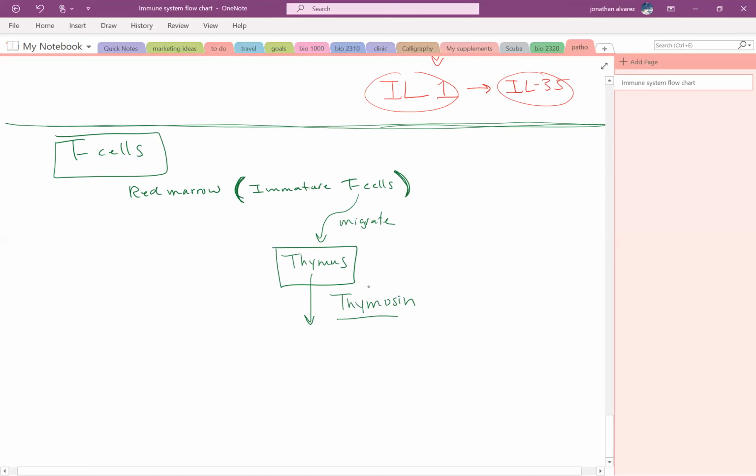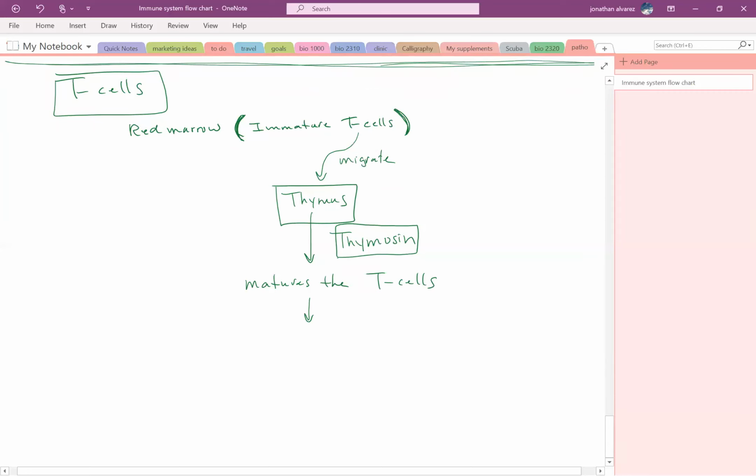Yes, thymosin. This matures the T cells. So the T cells are not mature until they get to the thymus, and thymosin and all that fun stuff matures them.